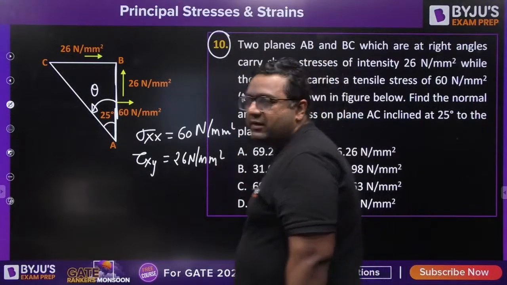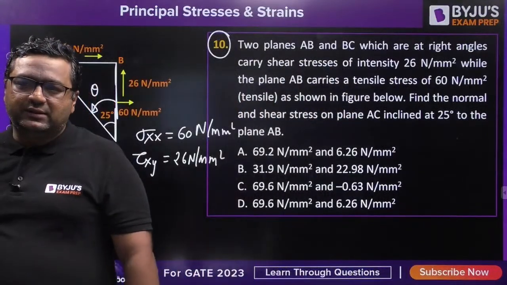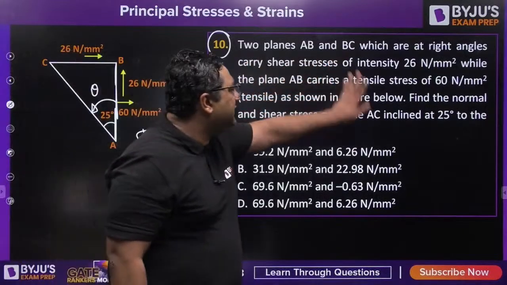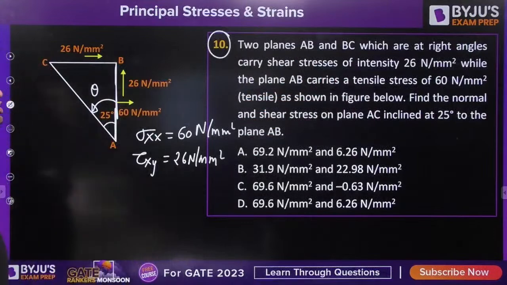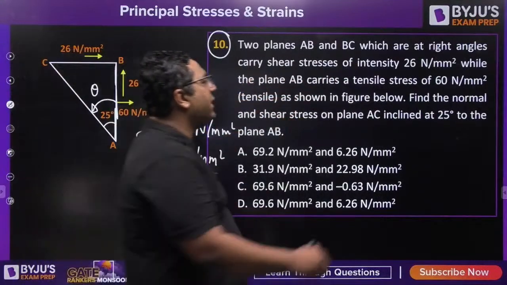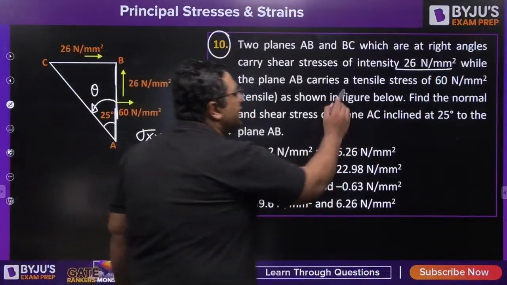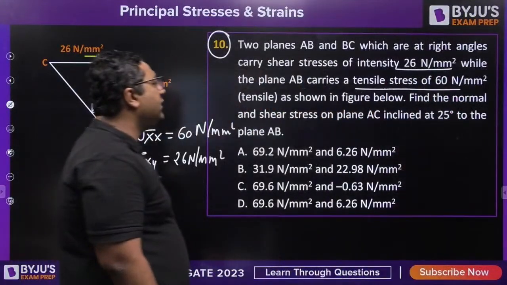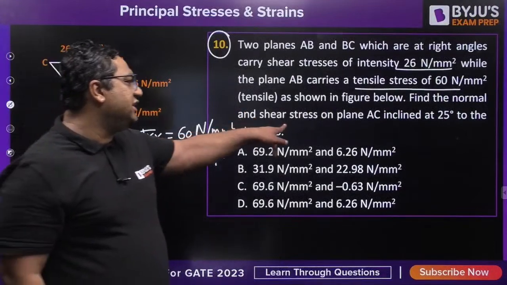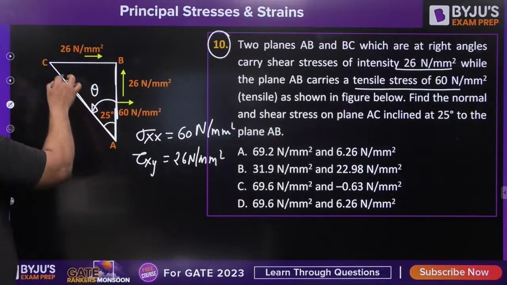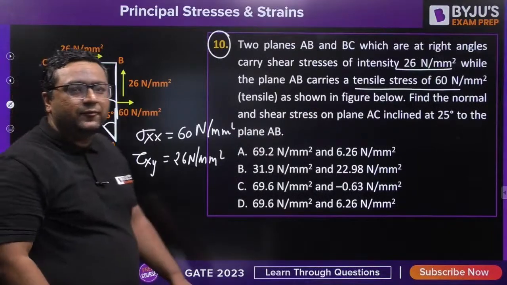These are the data given. Try to solve this. Very good, Midun. Two planes AB and BC are at right angles, with a shear stress of 26 Newton per mm square, while the plane AB carries a tensile stress of 60 Newton per mm square. Find the normal and shear stress on plane AC inclined at 25 degree anti-clockwise.